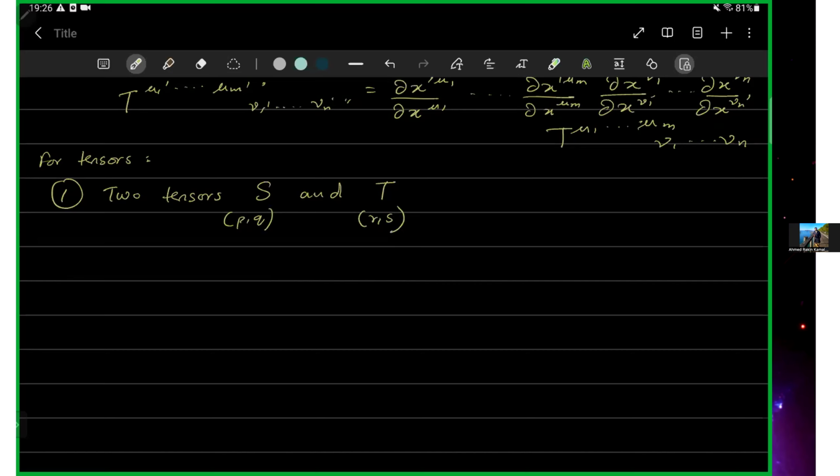Now remember what rank means, right? Rank just means that you have P number of indices upstairs and Q number of indices downstairs. Similarly, for T, we have R number of indices upstairs and S number of indices downstairs, right? That is what rank means.